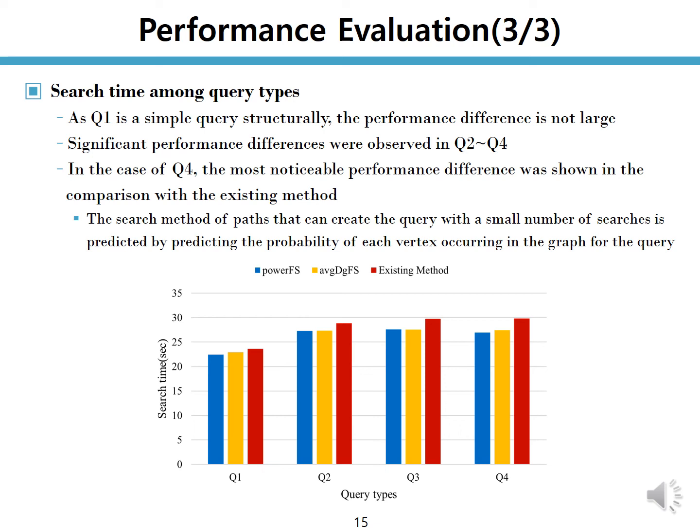The proposed method shows strengths in queries of mixed structure, such as Q4, because the search method that can process the query with a small number of searches is predicted by predicting the probability of each vertex occurring in the graph for the query, rather than random searching.